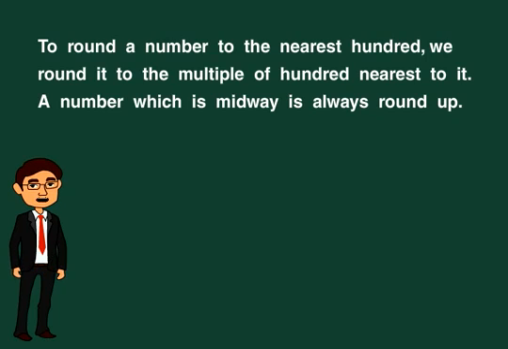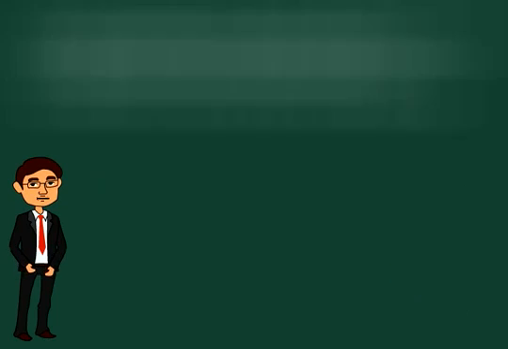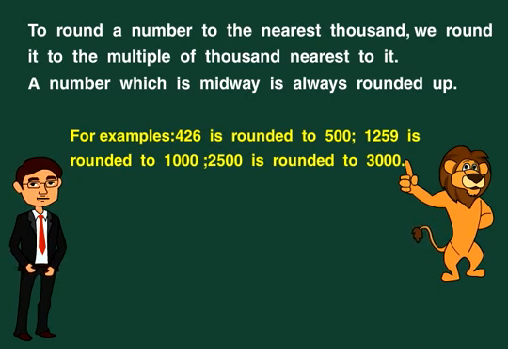For example, 826 is rounded to 800, 1259 to 1300, 850 to 900. To round a number to the nearest 1000, we round it to the multiple of 1000 nearest to it. For example, 426 is rounded to 0, 1259 to 1000, 2500 to 3000.